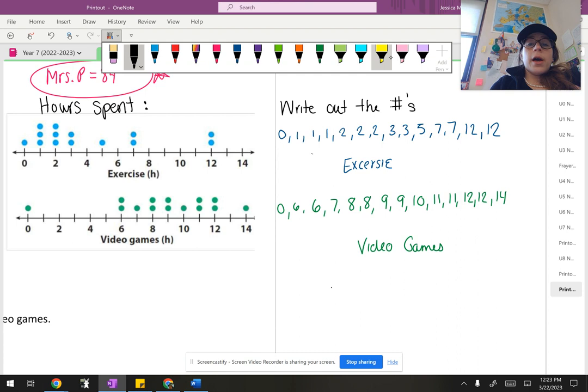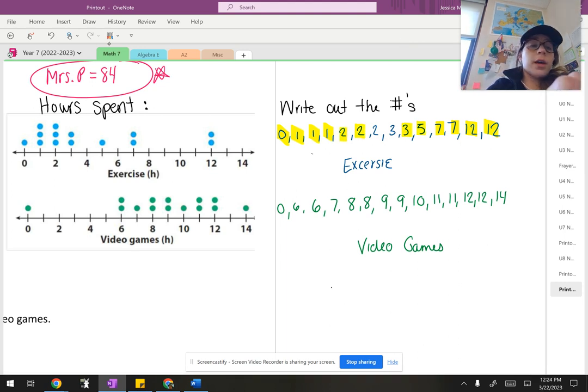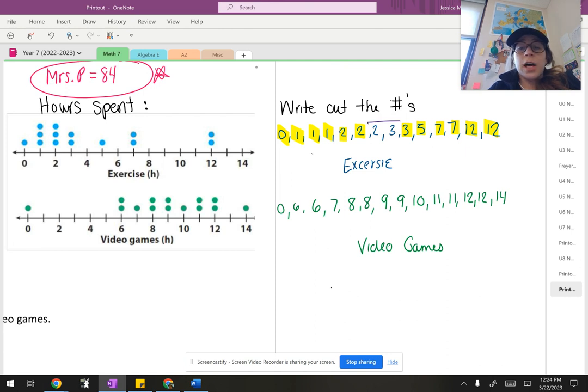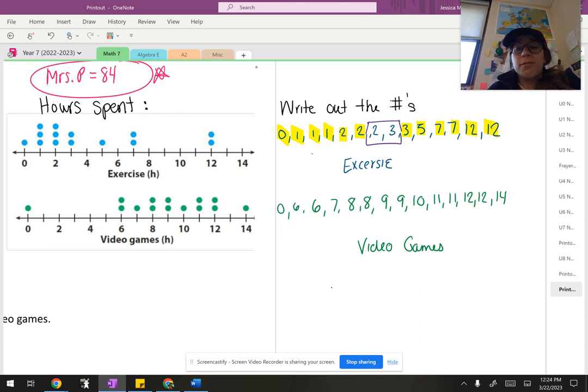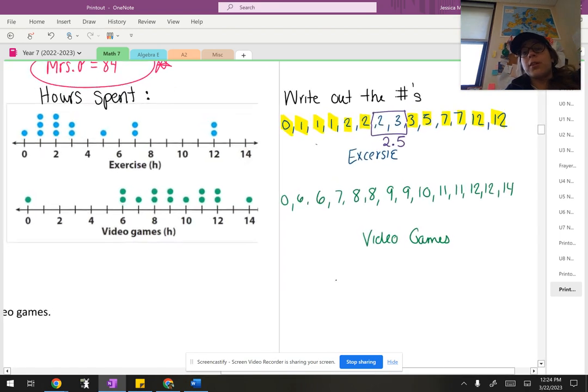All right, so now we're going to go ahead and use our highlighter and find the medians. 3, 4, 1, 2, 3, 4. 1, 2, 1, 2. Okay, so we have 2 numbers in the middle here, which is solid. In between those 2 numbers, if I add 2 plus 3, that gives me 5. 5 divided by 2 is 2.5, which makes sense because in the middle of 2 and 3 is 2.5.